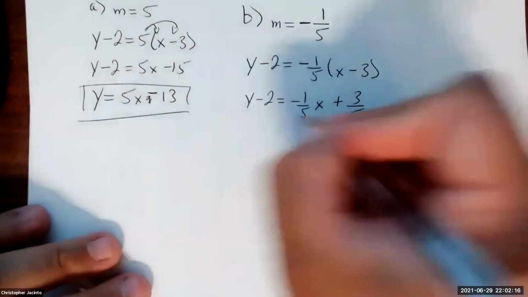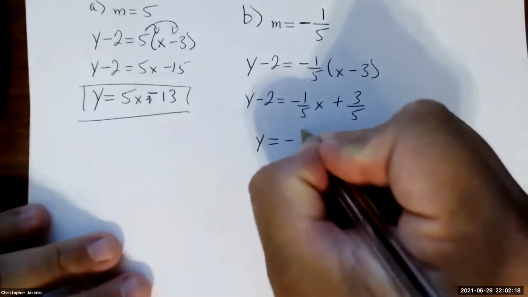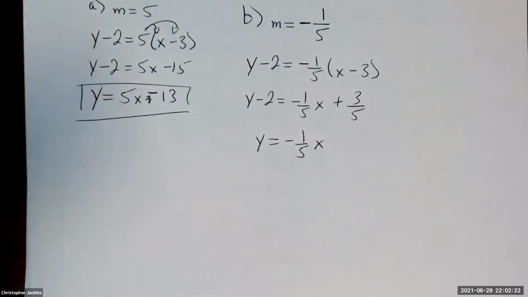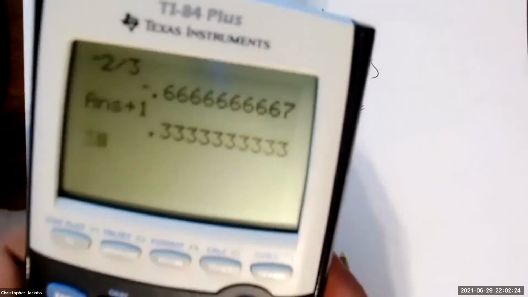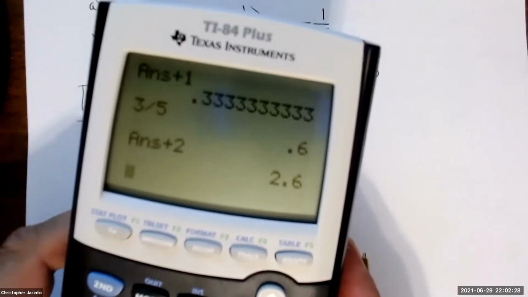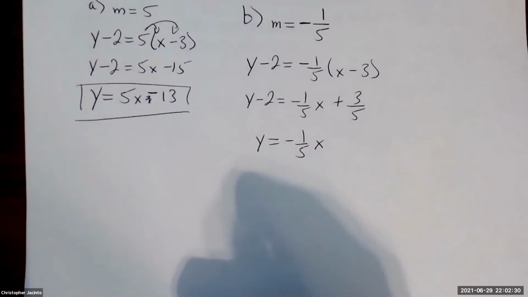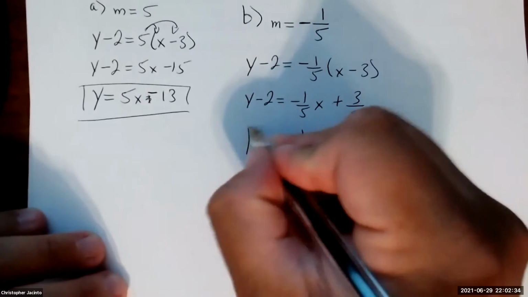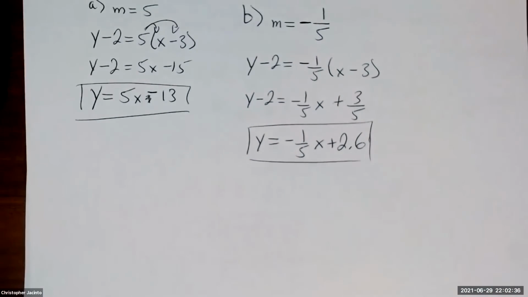And then adding 2. Again, if you're not sure, use a calculator. Plus 2, 2.6. Voila, and then you're done.